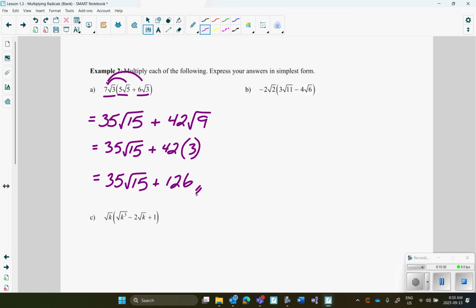Multiplications again for b. When I multiply these two, what do I get? Negative 6 root 22. When I multiply these two, what do I get? Positive 8 root 12. Can you do anything with either one of the radicals?